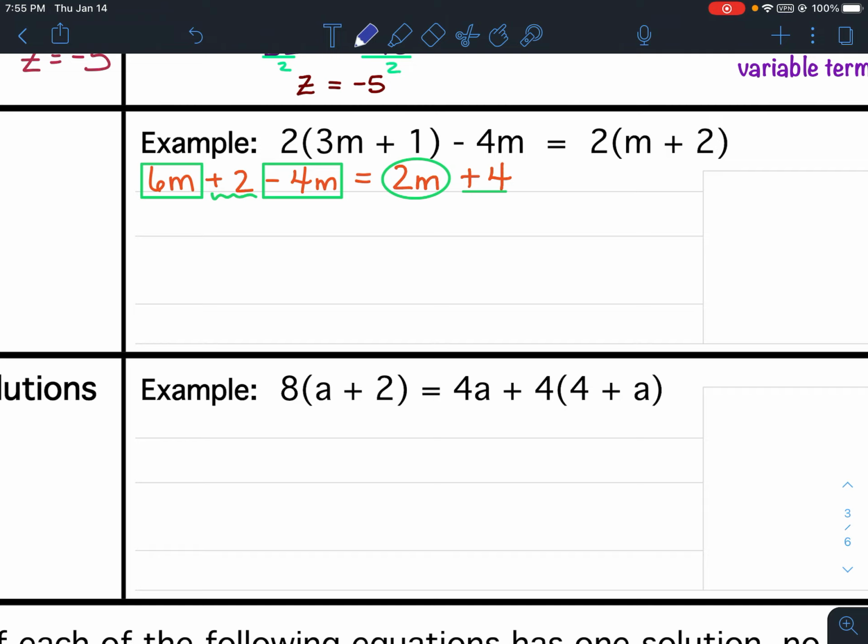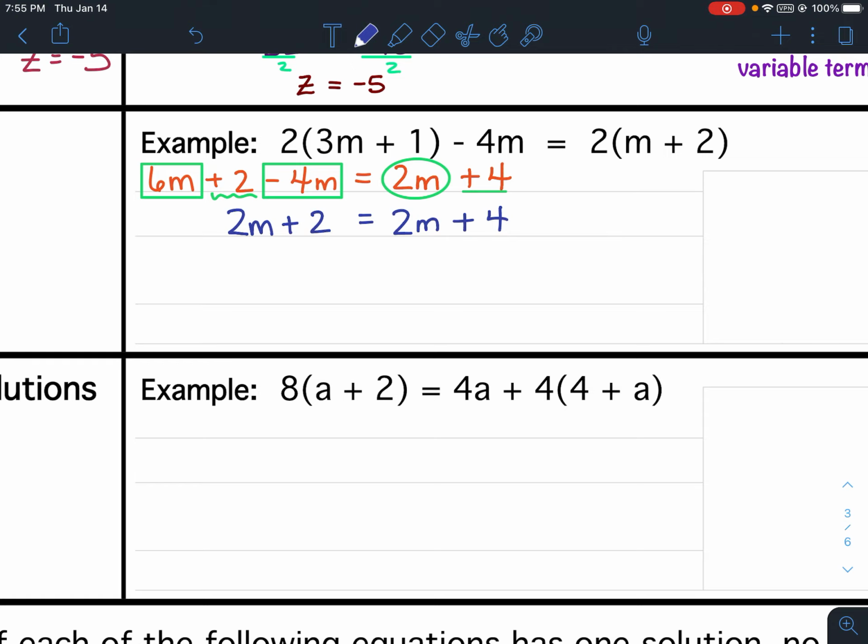All right, so 6m minus 4m would give me 2m. Bring down the plus 2 equals 2m plus 4. So again, if you're doing these problems, you would stop right there.